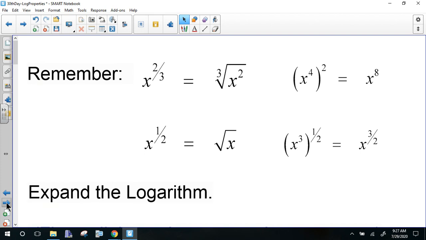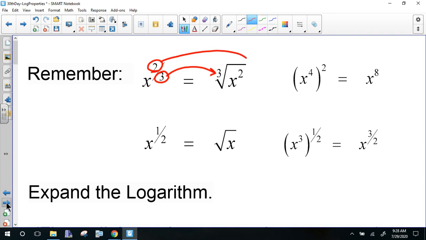Quick review of rational exponents. Probably haven't seen this in a while. If we have a fraction as an exponent, we can rewrite that in radical form by taking the denominator and making it our index and leaving the numerator as an exponent under the radical.